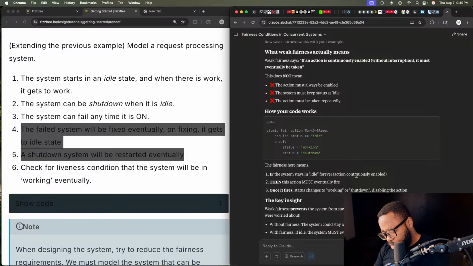If the system stays in idle forever, because that's a choice that it can make, right? As part of running the model.